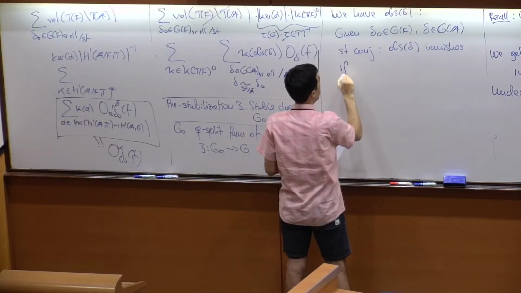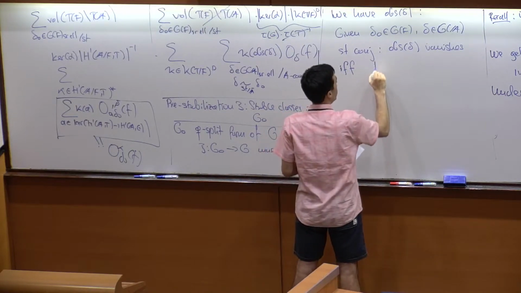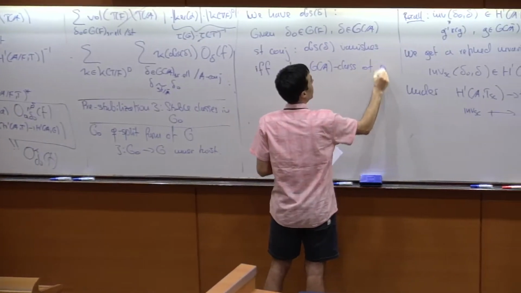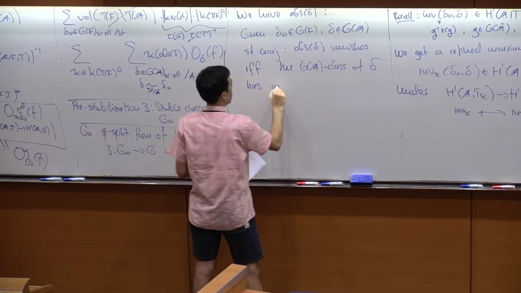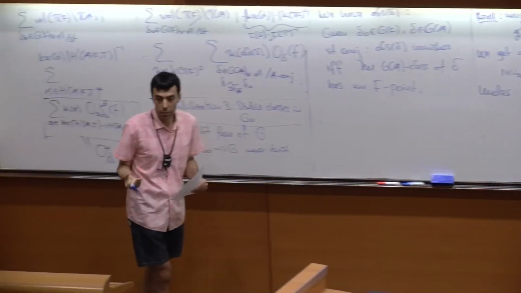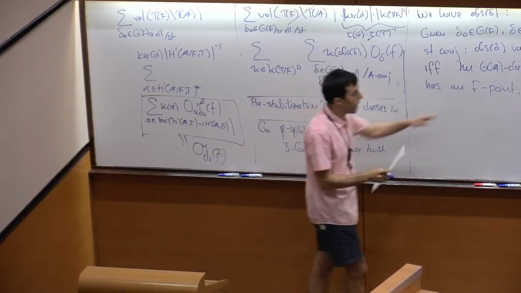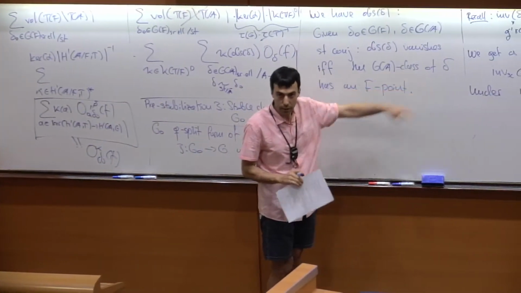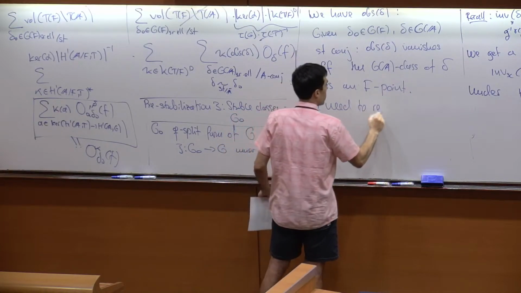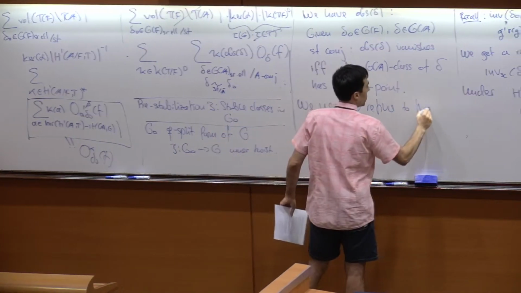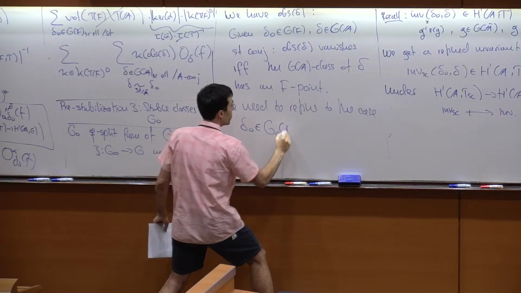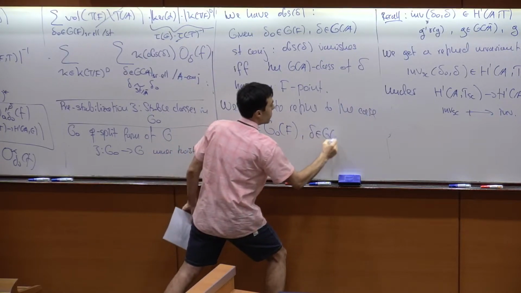The obstruction vanishes if and only if the G of A class of delta has an F point. And this is why this is called an obstruction. It's the obstruction to the existence of an F point in the G of A class of delta. So we need to refine to the case where delta 0 is now in G0 of F and delta is in G of A.